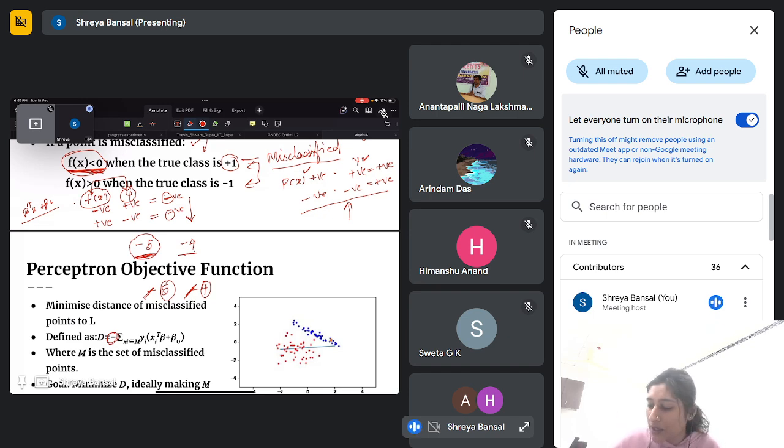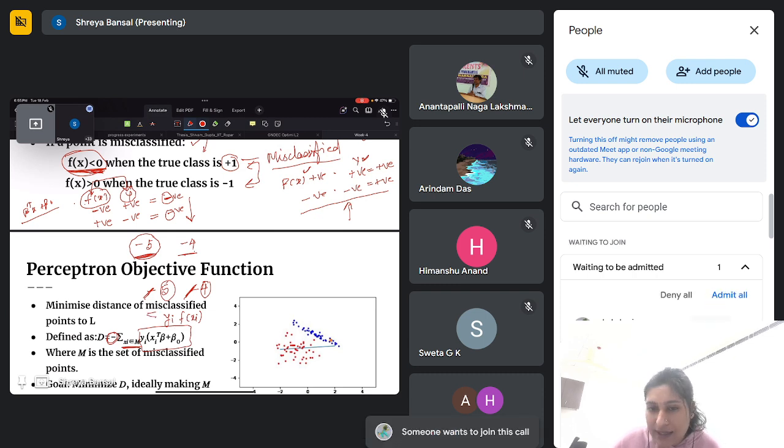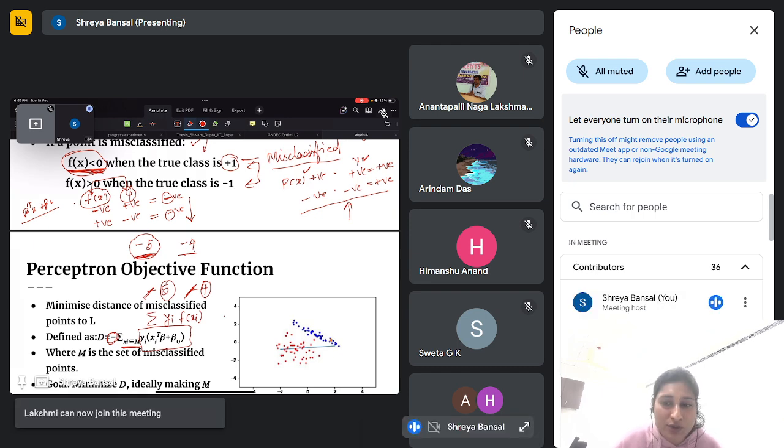So what I am doing here is, for each misclassified point, the summation is only over misclassified points. If the points are correctly classified, we will not use them. So we are using the objective function as y_i f(x_i), and you take a summation over all misclassified points, meaning all the negative points are taken, no positive points, and after that a final minus is applied. Why is this minus given here?